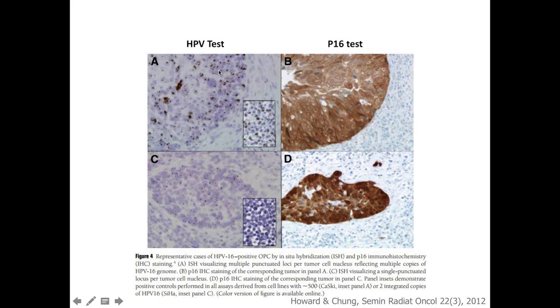Typically, there's two tests performed, but the most common test performed is this P16 test. So your physician typically gets a biopsy of what they're considering to be cancer, and this is sent to the pathologist.